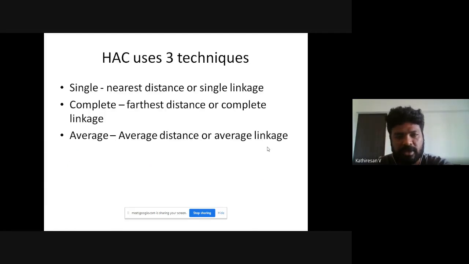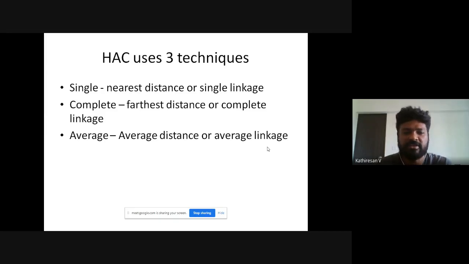HAC uses three techniques. Single nearest distance or single linkage, which is the one we are going to use here, and other techniques are also there, that is complete and average.